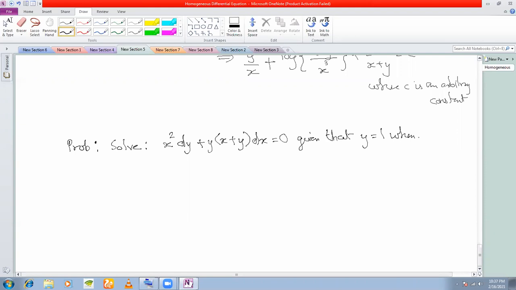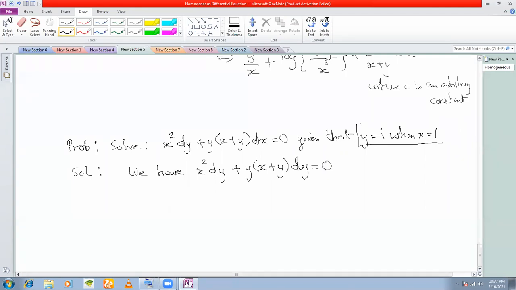Now, when are the boundary conditions given? This is called a boundary condition, right? Tell me, why do they give the boundary conditions? So that you can find a particular solution. Because whatever differential equation we solve, we get the general solution.